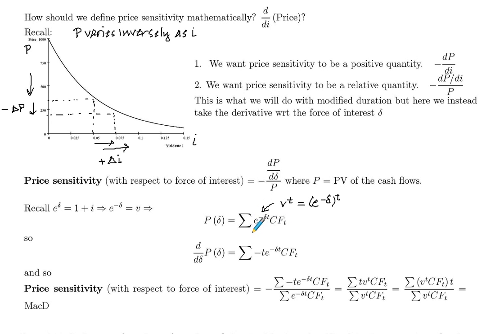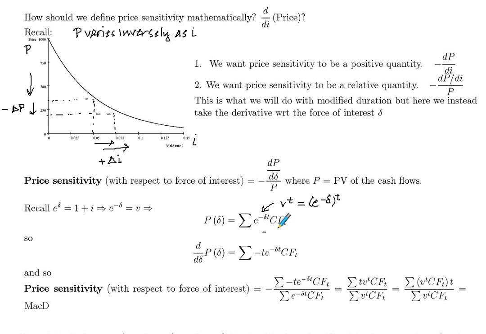Then we want to take the rate of change of price. So we take the derivative with respect to force of interest, the derivative with respect to delta of P, the present value of those cash flows. We're taking a delta derivative of this expression. Delta is our variable and t is what we consider constant.